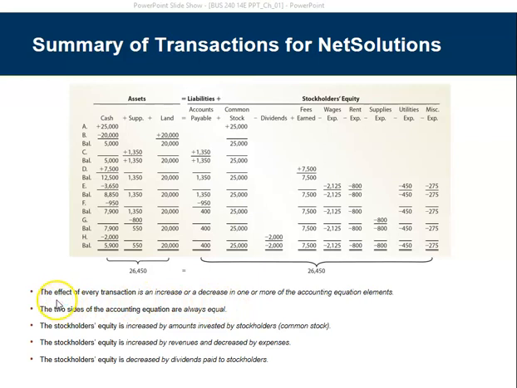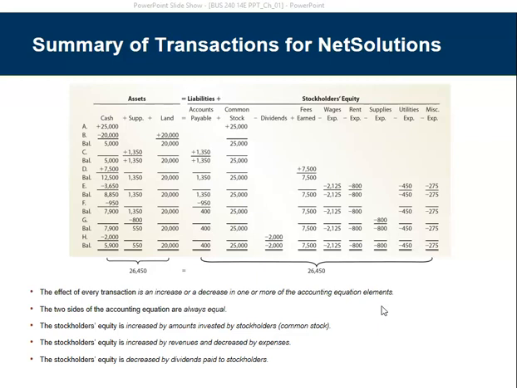It says the effect of every transaction is an increase or a decrease in one or more of the accounting equation elements. Now, I want you to think back to that second transaction that we had, where when I read the word accounting equation elements, I'm thinking in terms of assets, liabilities, and stockholders' equity.